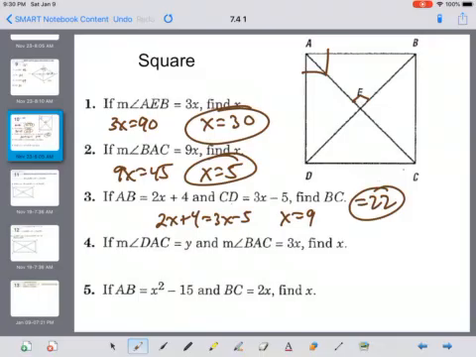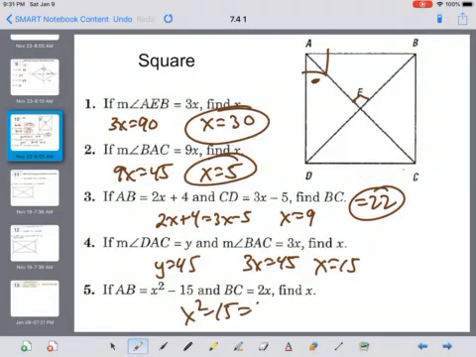DAC is half of the right angle, so it's 45. And BAC is also equal to 45, so x equals 15. AB and BC are both sides, so sides of the squares are equal to each other.